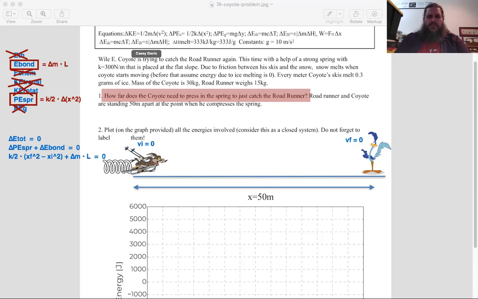So if we were to make a list of what we know and what we're trying to find, I think the initial and final values of most of these variables would be known, but the initial value of X, the initial compression of the spring, that's the unknown we're trying to find. This is our what we want list. So we want to know X initial. How far was the spring compressed at the instant we launch? But at the end, after the Coyote gets launched, what's the final compression of the spring?